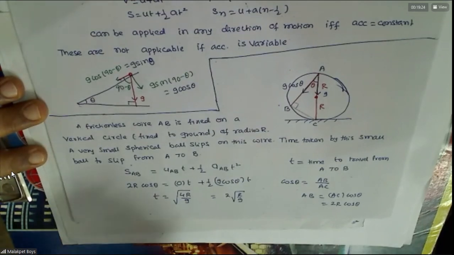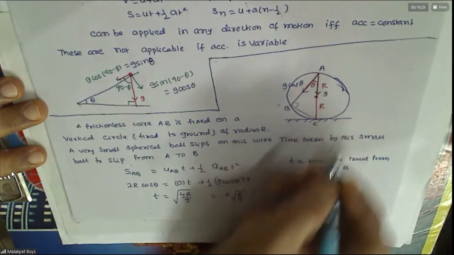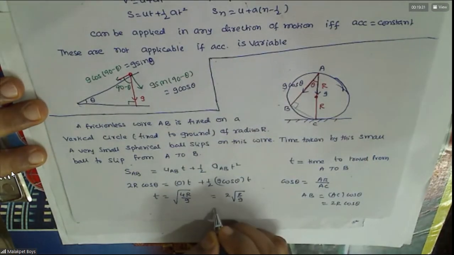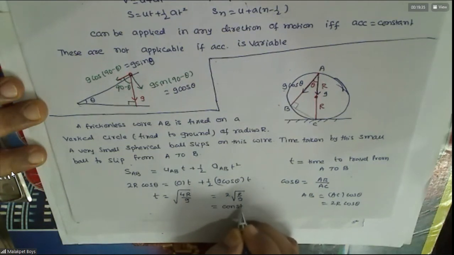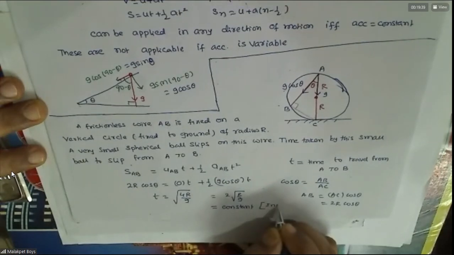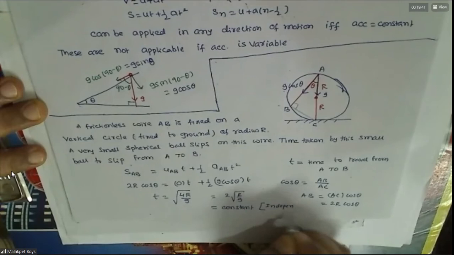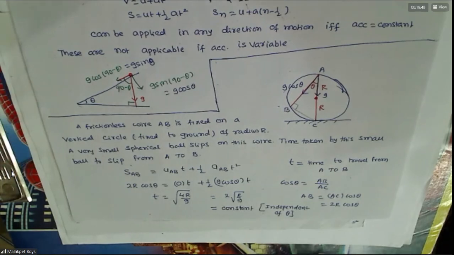See, theta may be any value, but this is always constant. Constant means independent of theta. Follow this?